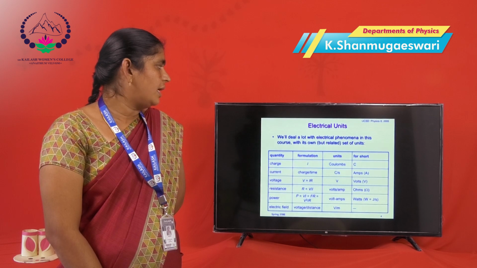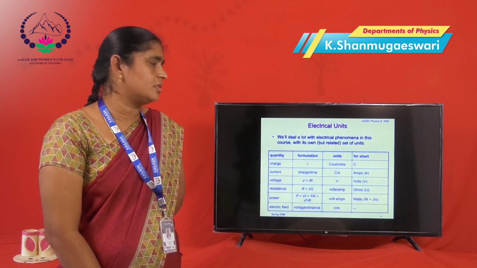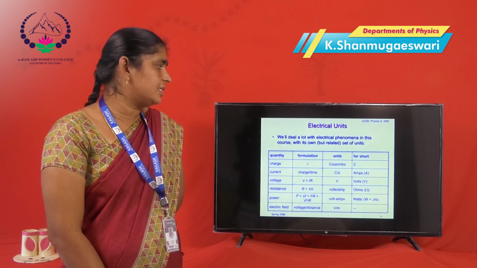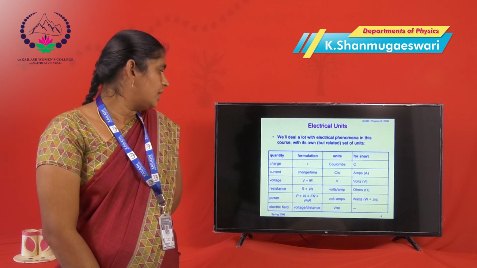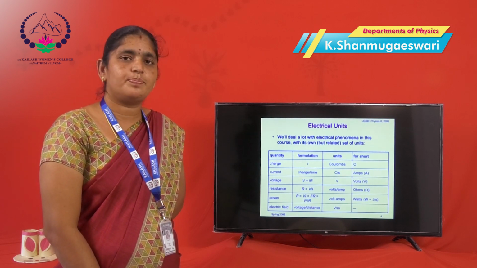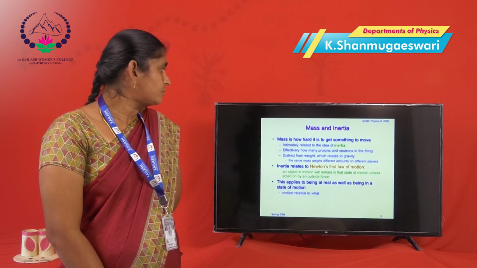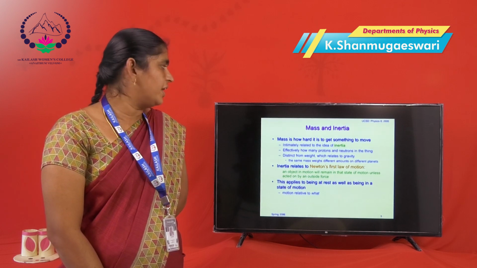Next one is electrical units. Already known that there are electrons, protons, neutrons. That means a set of units: quantity, charge, current and voltage, resistance, power, and electric field or magnetic field. What is defined by mass and inertia?